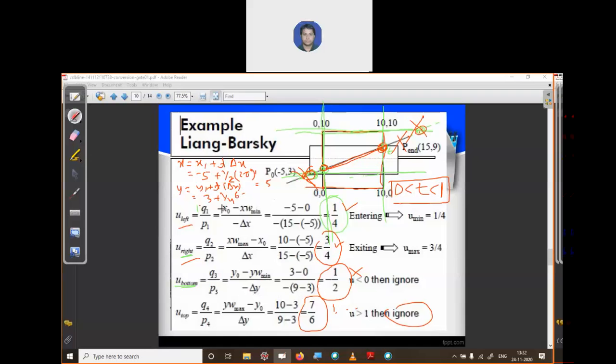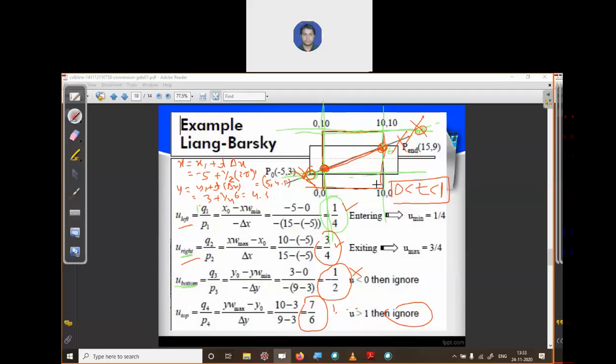So 3 plus 1.5 means 4.5. So this is the point, x value is 5 and y value is 4.5. This is the coordinate of the point at which it is intersecting.